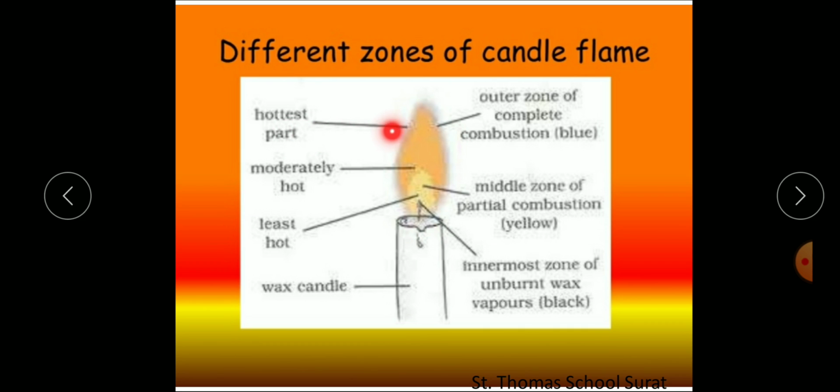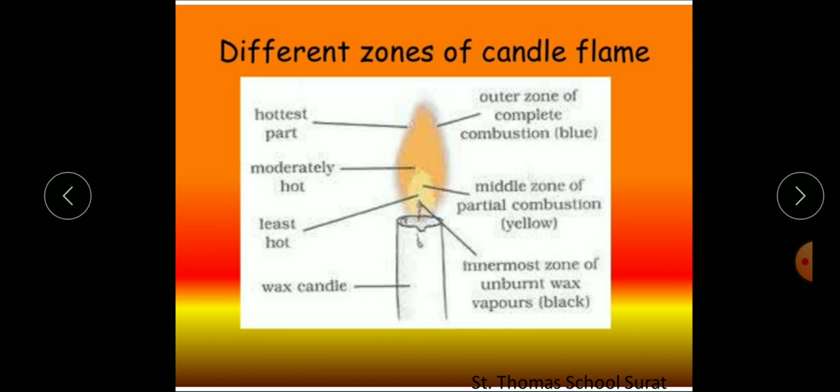This zone emits very little light. In this zone, wax undergoes complete combustion. Why is it complete combustion? Because there is plenty of oxygen around it, so this wax undergoes complete combustion.